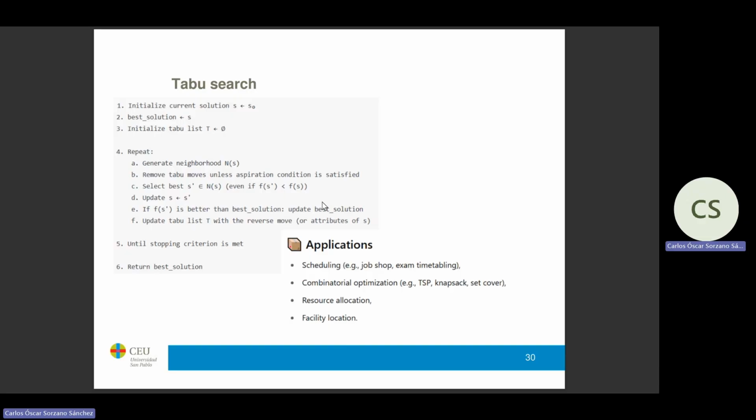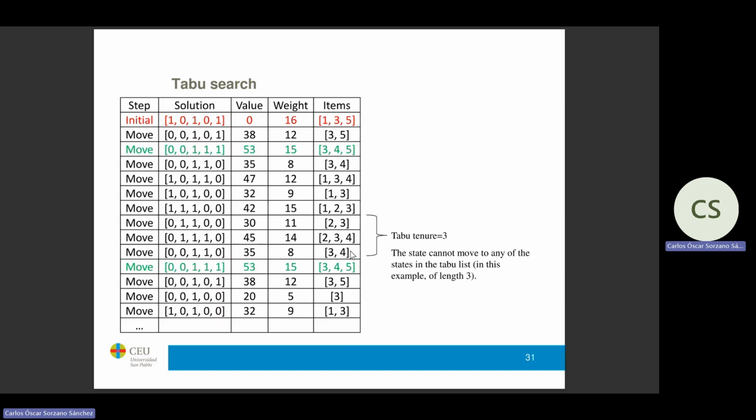Okay, and here we have some typical problems where this taboo search is applied. So let's apply it to our knapsack problem. Let's say that we are given this initial solution that is infeasible, so it has 0 value, and then you compute one of the neighbors.